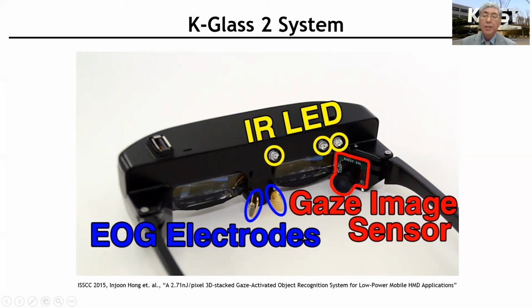And IR LEDs shine IR light to your eyes, and then the gaze image sensor detects your iris and your gaze sight.